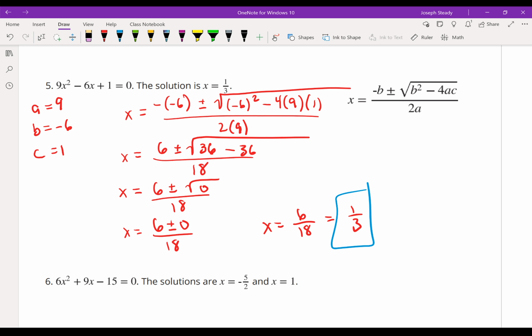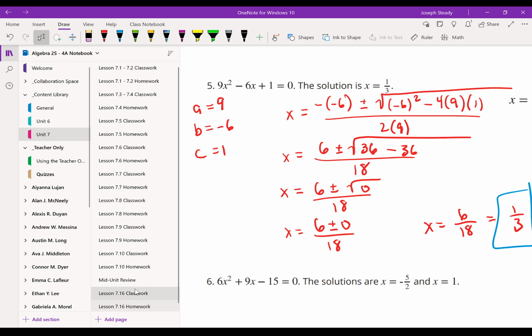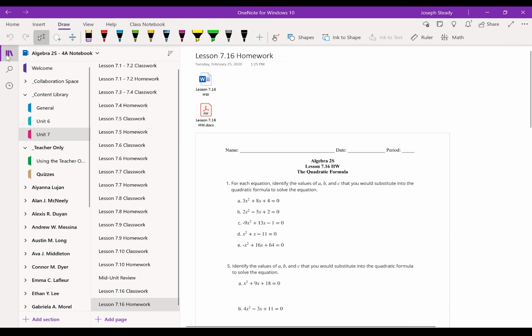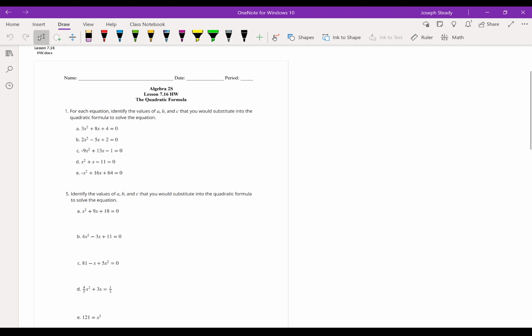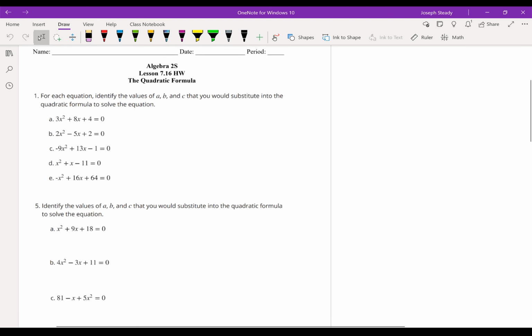Now, before I set you free to work on your homework, there's one more type of problem I want to check out. I said it was really important that our starting point was always ax squared plus bx plus c equals 0.